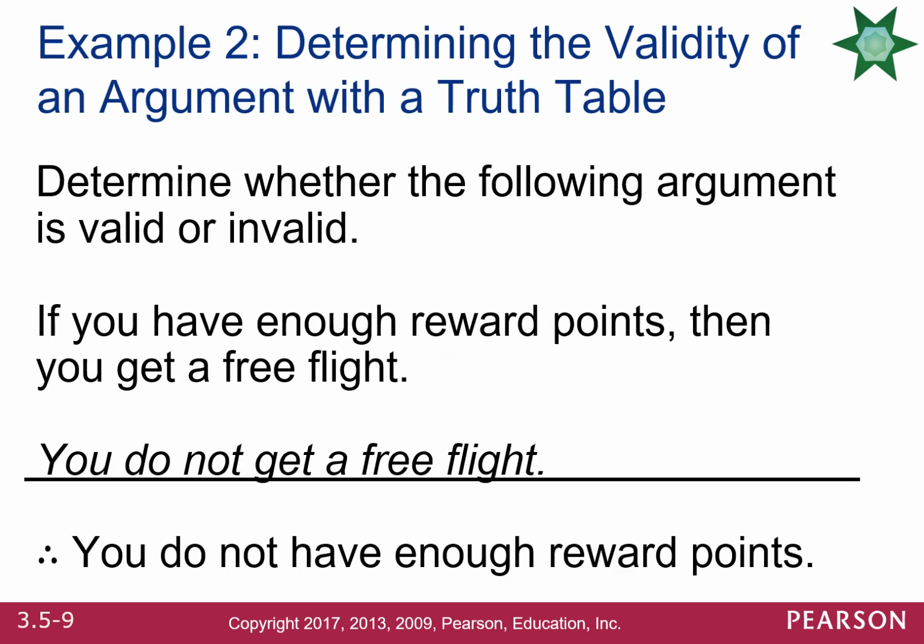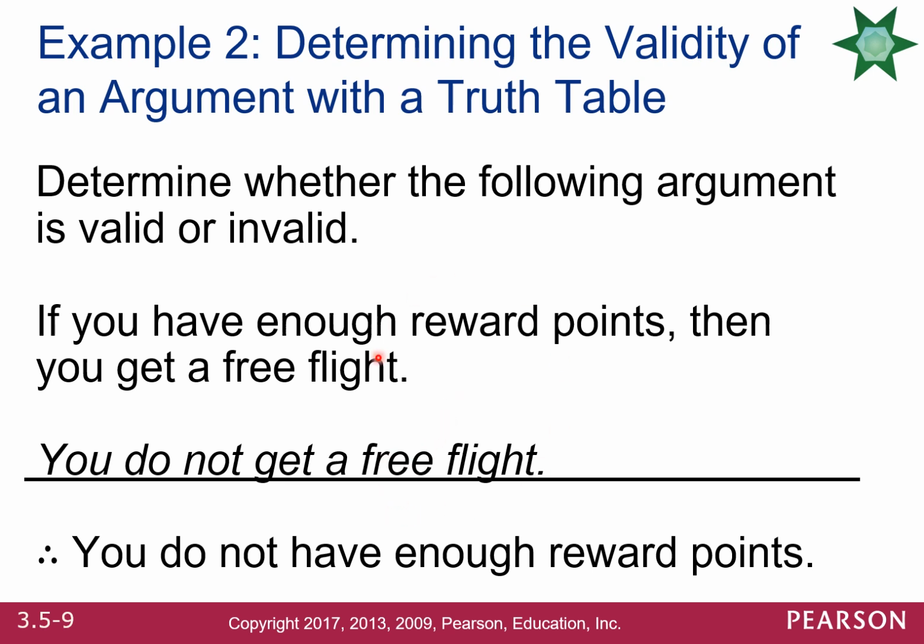Here's an example that we will work through to determine the validity of an argument with a truth table. They've given us the following argument. Again, an argument should consist of premises and a conclusion. They have given us the premises as well as the conclusion in word form, in the form of statements.